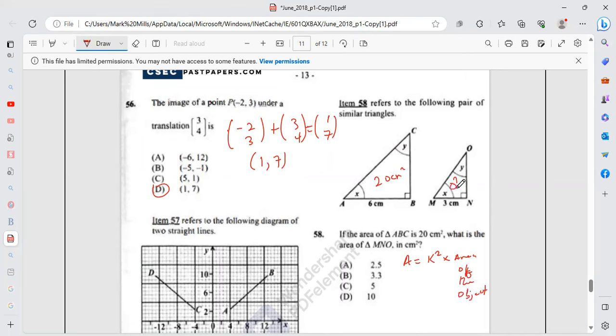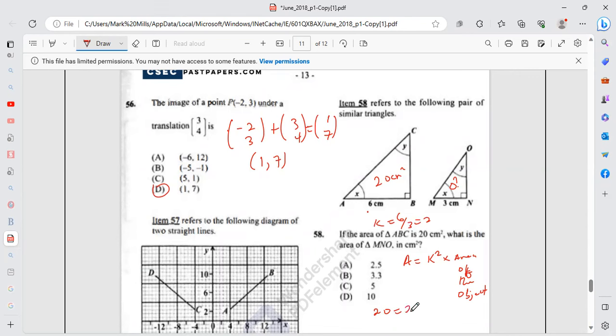So this is the object, right? They give me the area, so that being 20 is equal to k squared. Now k will be equal to 6 over 3, which gives you 2. Why? Because this side is 6 and this side is 3. When you divide, the scale factor is 2.